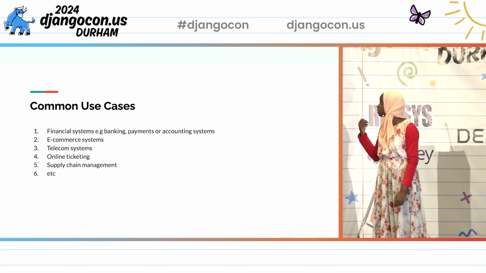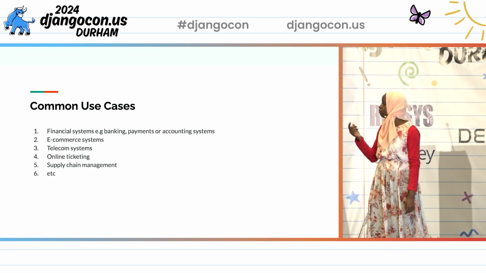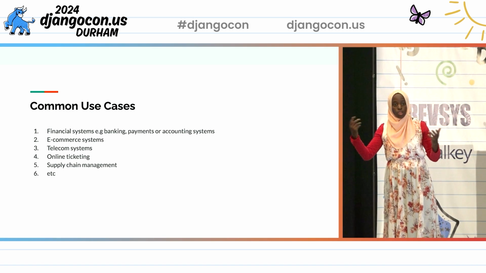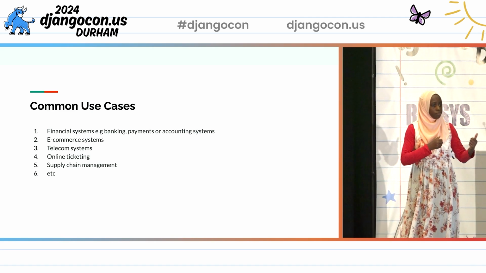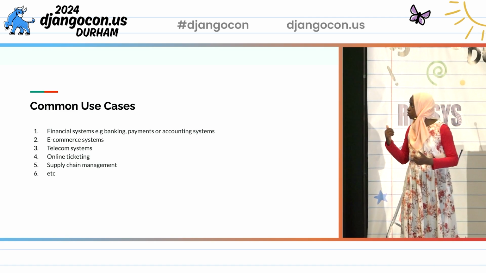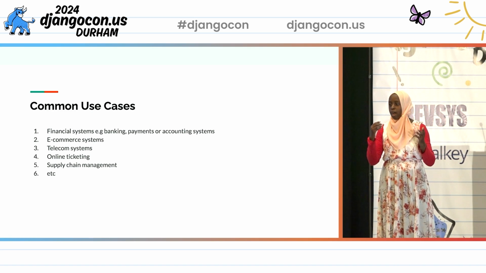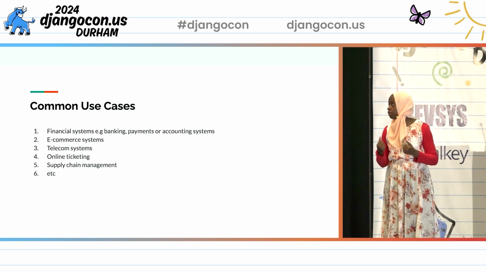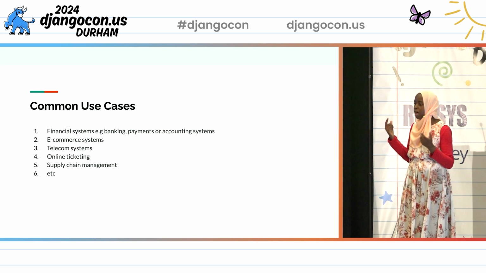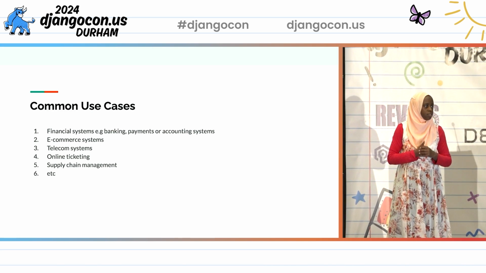These transactions, it's very important that you record, for example, you're transferring money from one account to another. What if something fails in the middle? You need to find a way to roll back everything so as to have the integrity of the database intact. Otherwise, you will have issues with one bank showing a balance that doesn't exist in another.